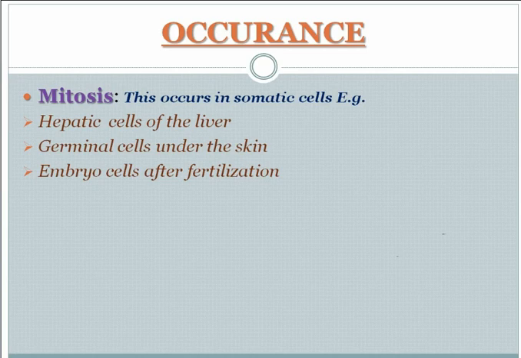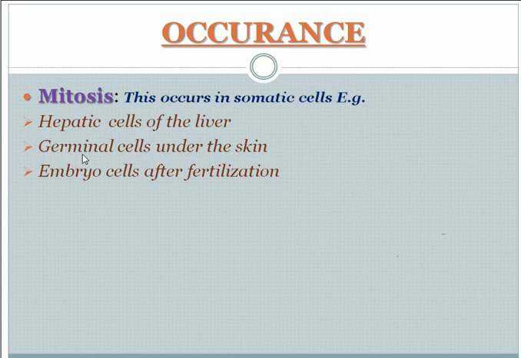Let us look at where they occur. Where does mitosis occur? Mitosis occurs just in somatic cells, the body cells. For example, the cells that make up the liver, when they are dividing, the process occurs by mitosis. When you get a wound on your body, there is that white layer that you get.